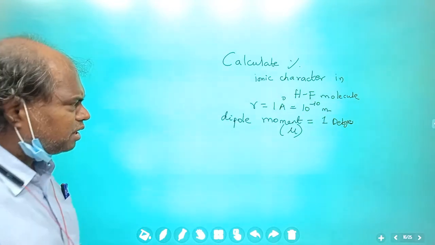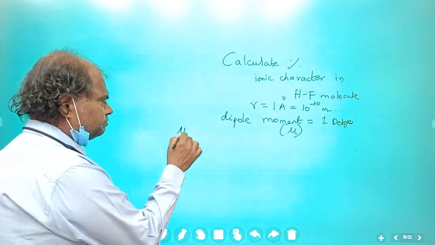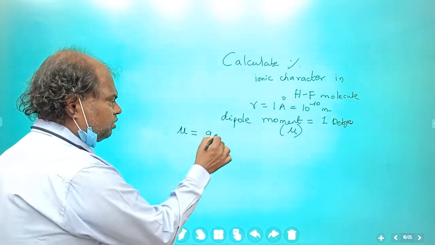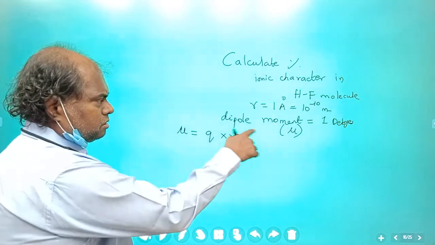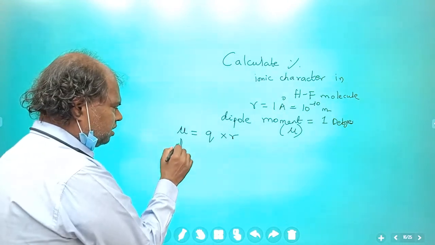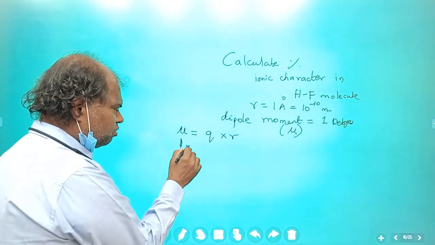So students, just apply the formula now. Mu is equal to Q into R. Correct? Dipole moment is 1 debye. But 1 debye, students, is how many coulomb meter?